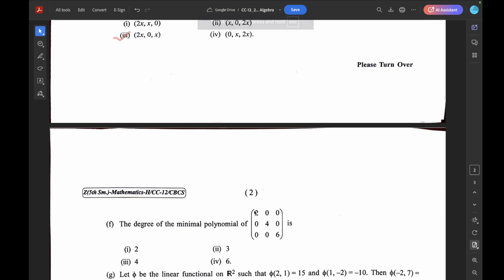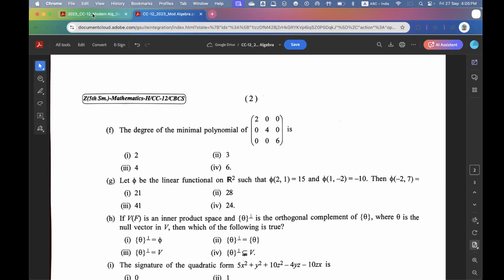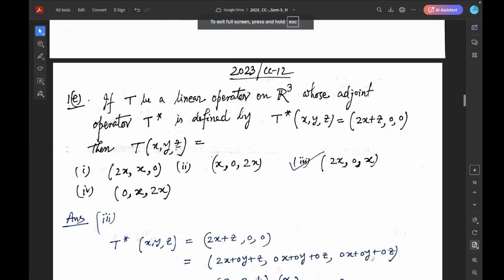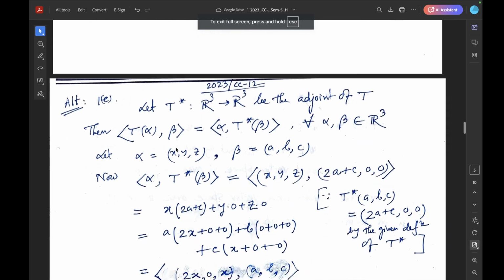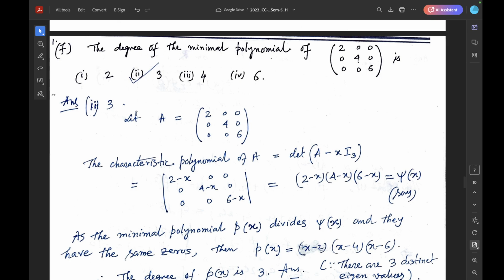Next question, if the degree of the minimal polynomial of the matrix with rows 2 0 0, 0 4 0, 0 0 6 is what? Let A be the given matrix.